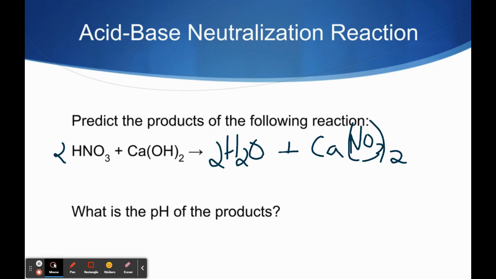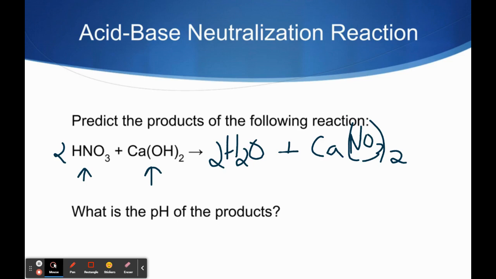Now we know that the acid, which is HNO3, would have a pH lower than 7, and the base, which is Ca(OH)2, would have a pH greater than 7. If we were to mix the exact amount of each of these together and the concentrations were exactly the same, all of the acid and base would be turned into water and calcium nitrate.